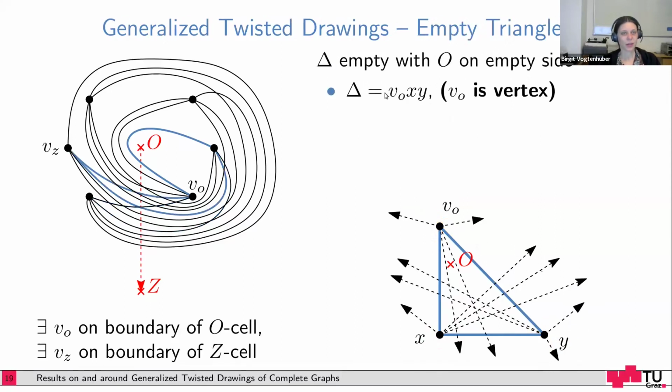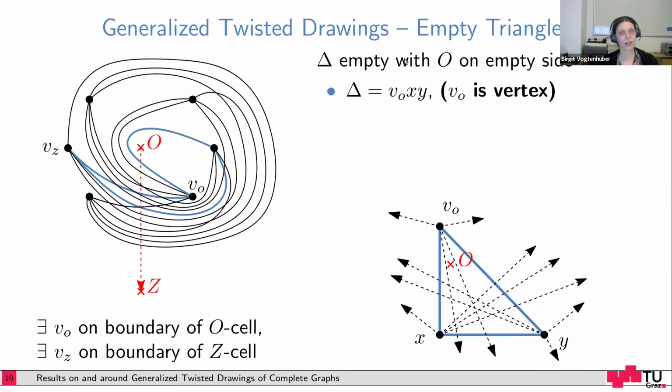If we look at an arbitrary empty triangle, if this triangle has O on the empty side, then because it has the cell CO on the empty side, it also must have VO as a vertex. Otherwise, it would contain VO in the interior, which it must not as an empty triangle.